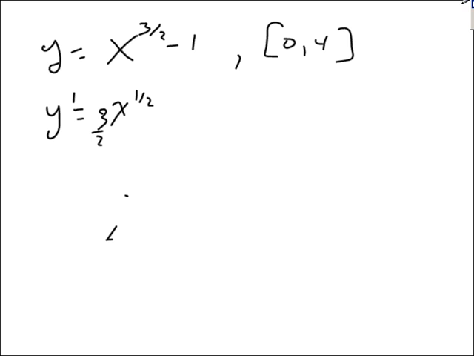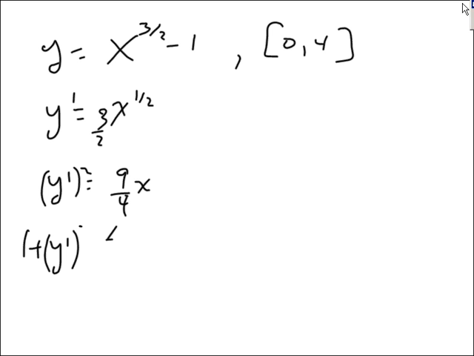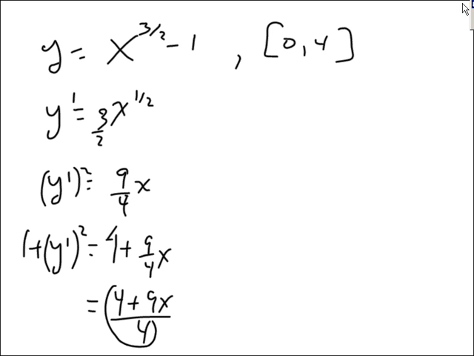Okay, and the derivative squared will be 9/4 x. So 1 plus the derivative squared will be 1 plus 9/4 x. But that's (4 plus 9x) over 4. 4 over 4 is 1, and this is 9x over 4, right there.